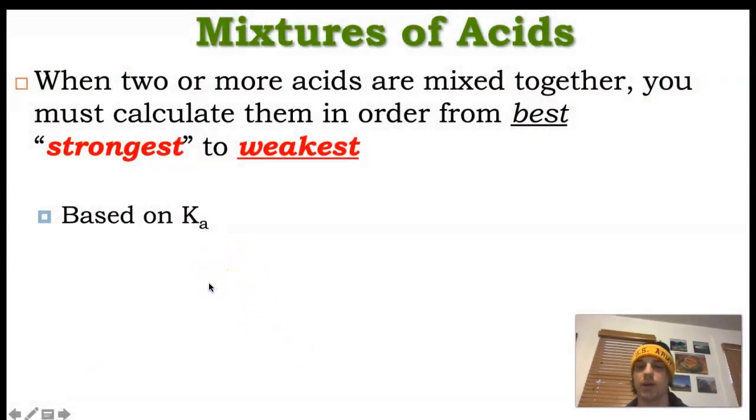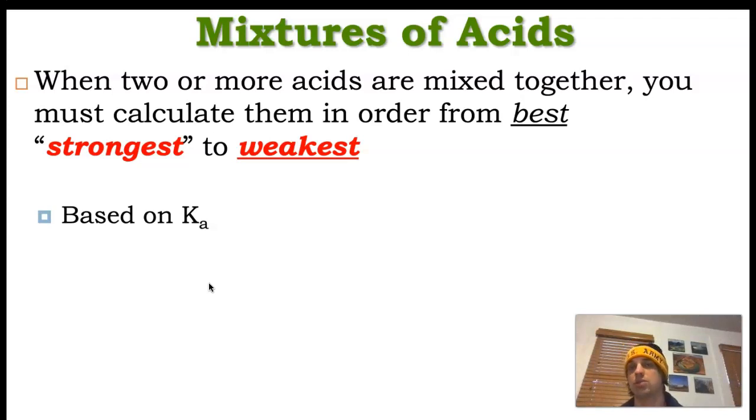So I'm starting with how do I determine the pH of a mixture of acids? Now, anytime you have a mixture of acids, one is probably going to be stronger than the other unless you have the exact same acid. If you have two strong acids, like we will in the first example, one might not necessarily be stronger than another, because if they're strong, what do you know? You should be thinking they dissociate completely.